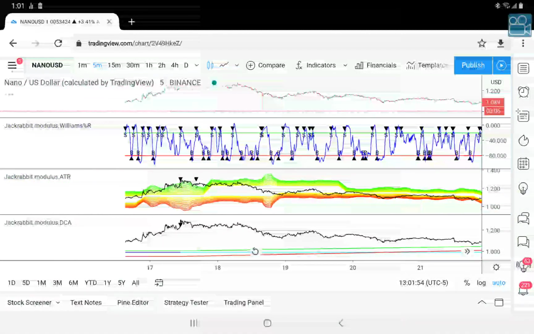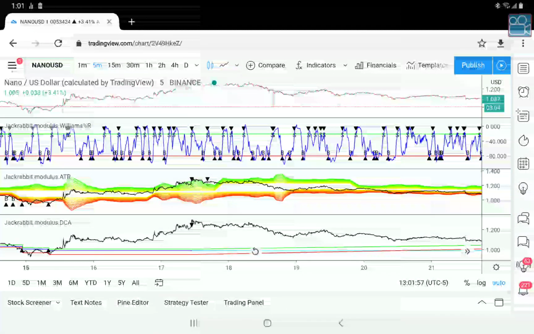You'll notice not a lot of activity. ATR stays in line pretty much with dollar cost averaging. Here's a sell point. Here's a sell point way up here for dollar cost averaging. It matches it, which it should. Here's the buy point.